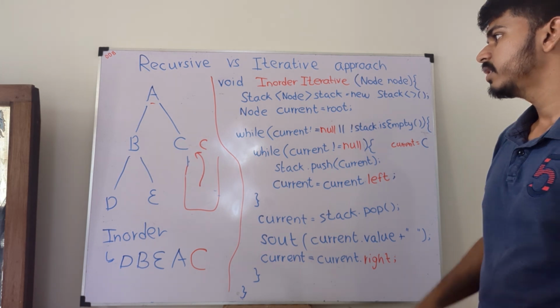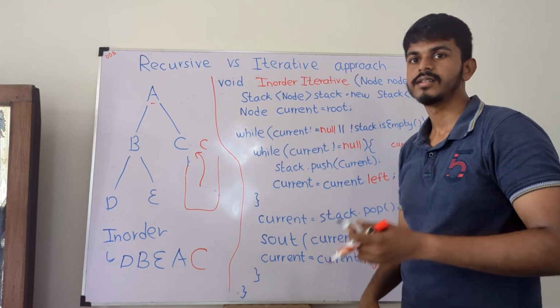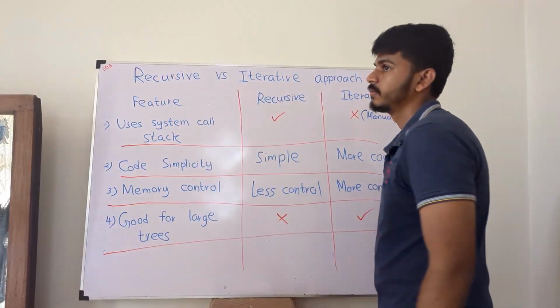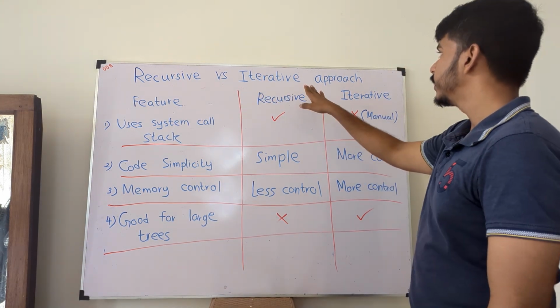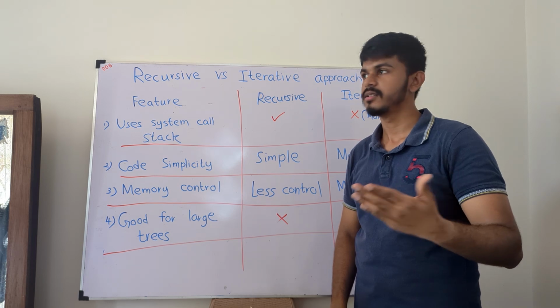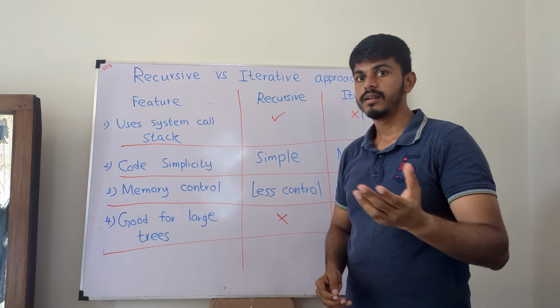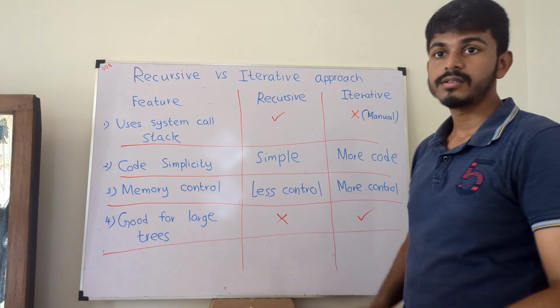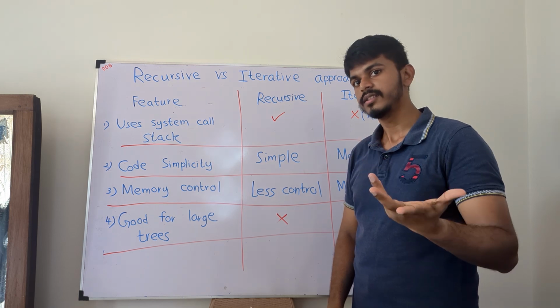Then we will see the few differences between these two approaches. So now you know both recursive and iterative approaches give the same output but use different strategies. The recursive one is shorter and easier to write, but the iterative approach uses more code, but it is safer when we are traversing large trees.